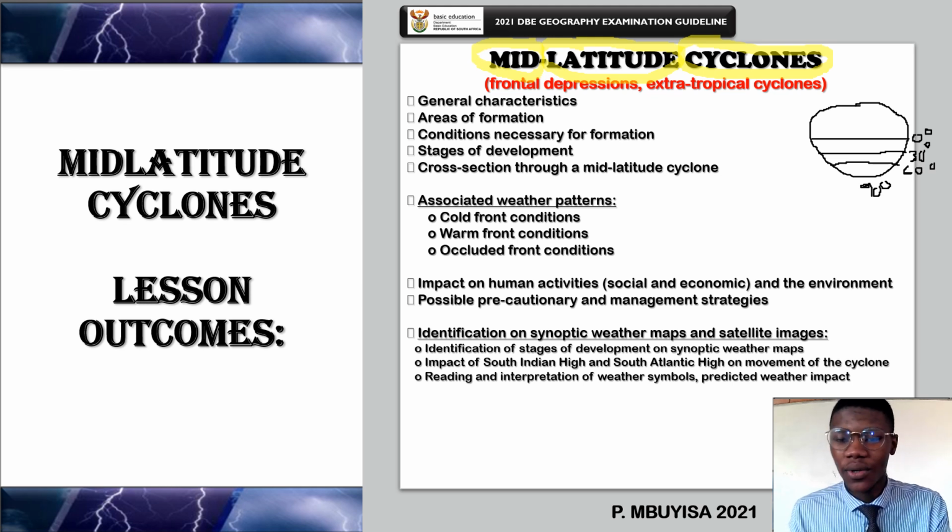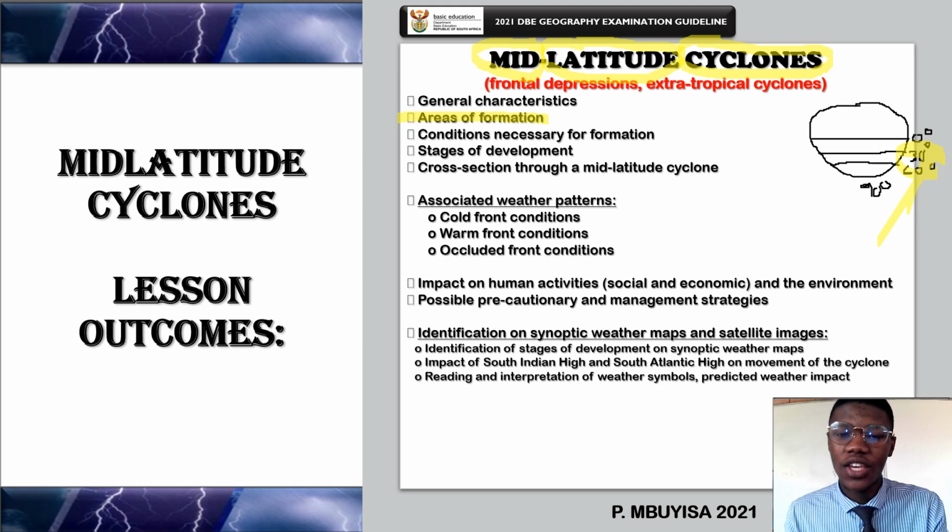We will all agree and say that it's 30 and 60 degrees that are at the middle, which means these systems are found somewhere between 30 and 60 degrees, and that covers what this part says, area of formation. So you need to know where these systems form, and we say they form between 30 and 60 degrees, those are your lines of latitude.